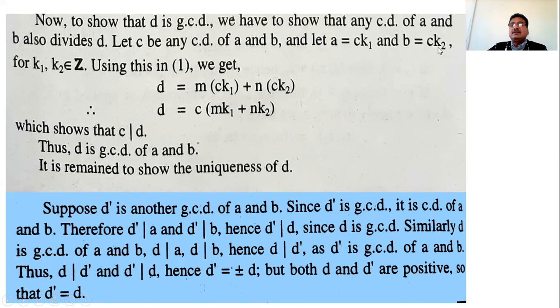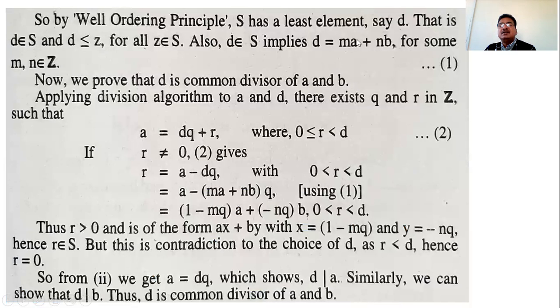That is, A is equal to CK1, and B is equal to CK2, for K1 and K2 belonging to Z. Use these values of A and B in equation 1, D is equal to MA plus NB. Substitute A and substitute B.